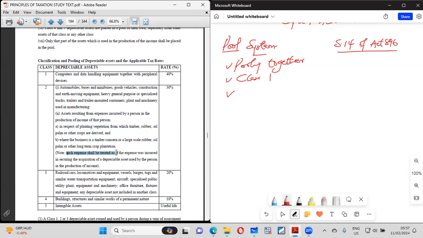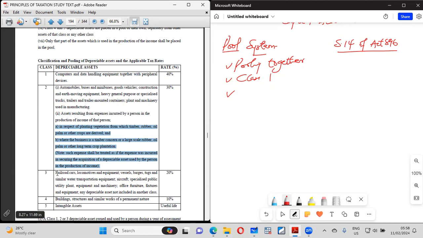Such expenses shall be treated as if they were incurred in securing the acquisition of a depreciable asset that is used in the production of an income. So the same thing. If you have expenses concerning vegetation, rubber, palm, timber, we treat it as if you are using it to purchase a depreciable asset. And those depreciable assets may probably find themselves in the manufacturing of these crops. So that is the product of the crops. All right. So basically that is that.